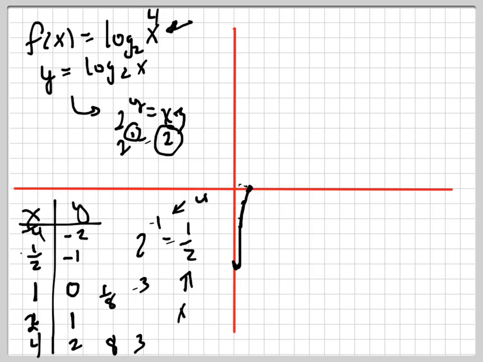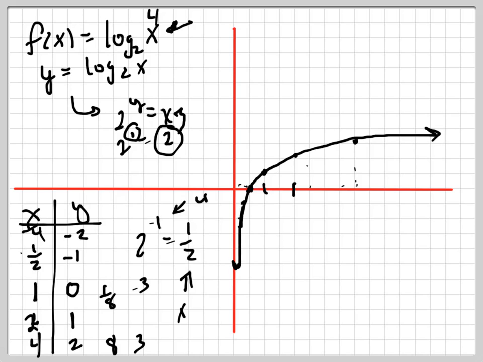And as I go to the right here, when x is 2, y is 1. When x is 4, y is 2. When x is 8, y is 3, etc. So this is what the graph looks like.